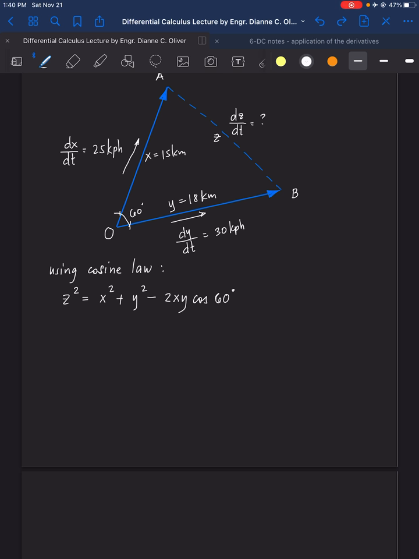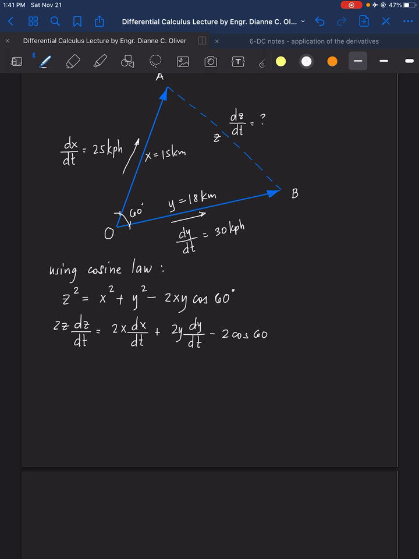Okay, so we have 2z dz over dt equals 2x dx over dt plus 2y dy over dt minus 2, let's bring out cosine 60 here, because 60 degrees is fixed.